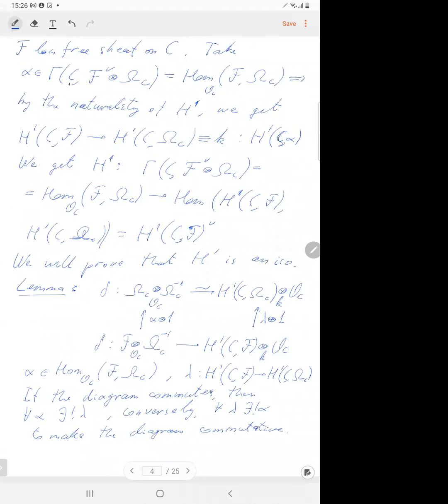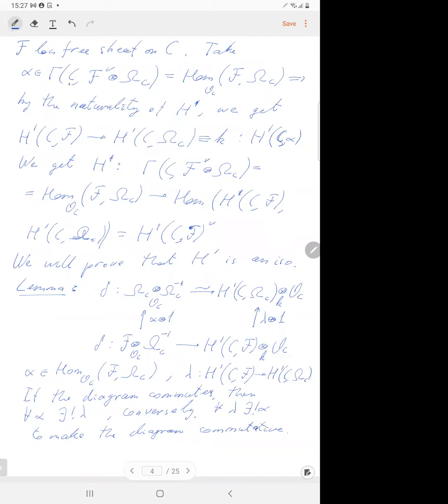So it implies that if for alpha there is such lambda, and there is unique such lambda, then the morphism H1 we're studying is surjective, and if for lambda there is a unique such alpha, then the morphism H1 we're studying is injective. Okay, so it's just a fancy reformulation of what we need to prove.